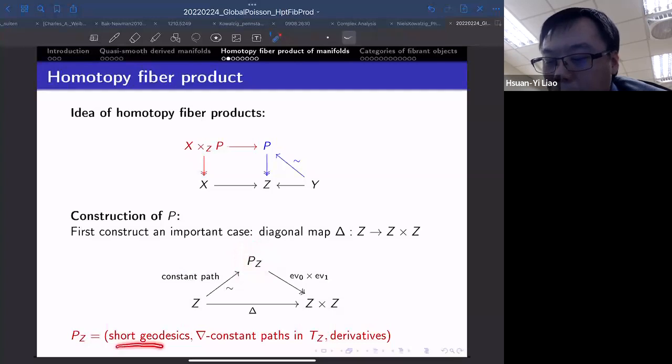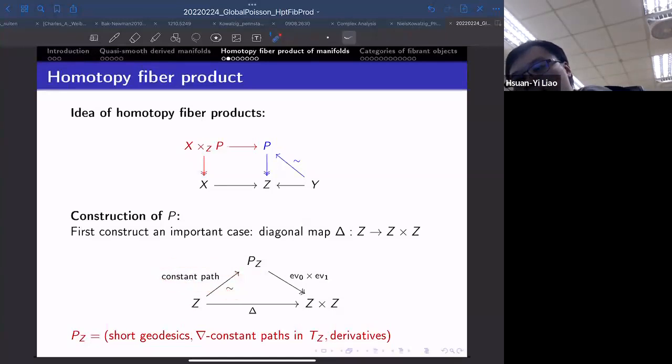Our base space is the space of short geodesics, and the total space is a space of certain constant sections in the tangent bundle, and the section is given by derivatives. The weak equivalence is just constant sections, mapping a point to the constant section at this point. And the submersions are the two evaluation maps.